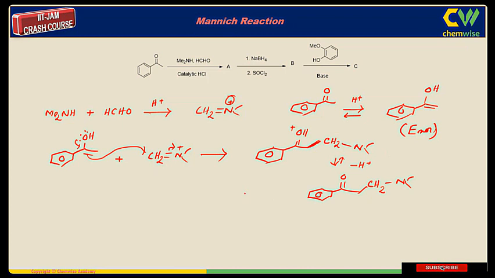Then, instead of methylation, we are doing something different. What is that? Basically, this is our A. We are reducing by NaBH4 because, as I am saying again, the Mannich reaction is a good intermediate for multi-step synthesis. Based on our demand, we can use various types of reagent and get various types of product.